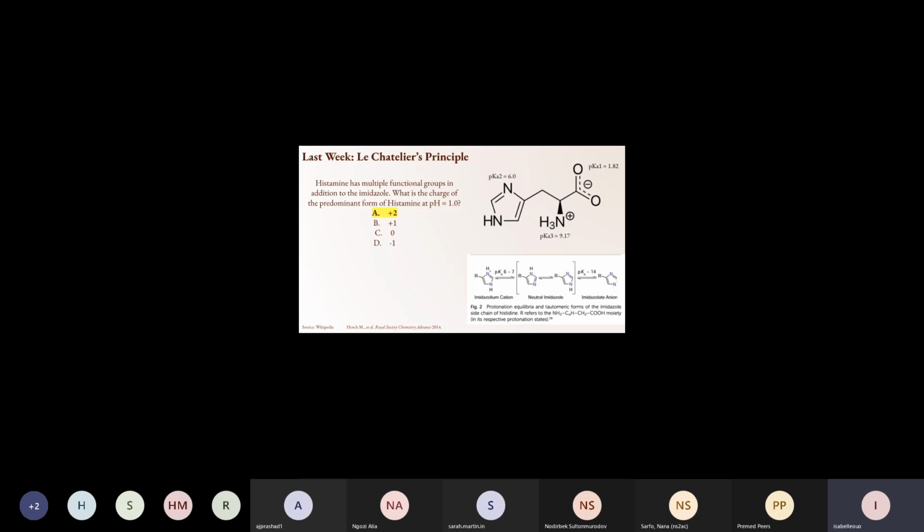Why doesn't it become +2 for the third one? Then we'll have to think about the structure. For N, nitrogen, we have 5 electrons on the outermost shell, right? So think about 3 of them already bonded to the hydrogen, meaning 1 lone pair right there.